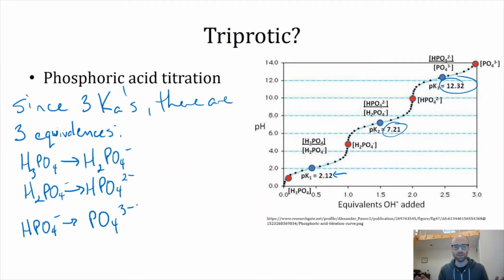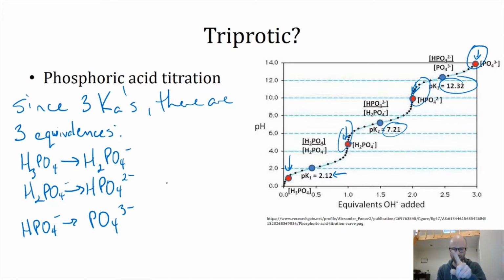So 4 species, 3 reactions. This is your starting species, this is your first intermediate, the second intermediate, and then the end point. And as you can see, we've got 1, 2, and there's your third equivalence up there.